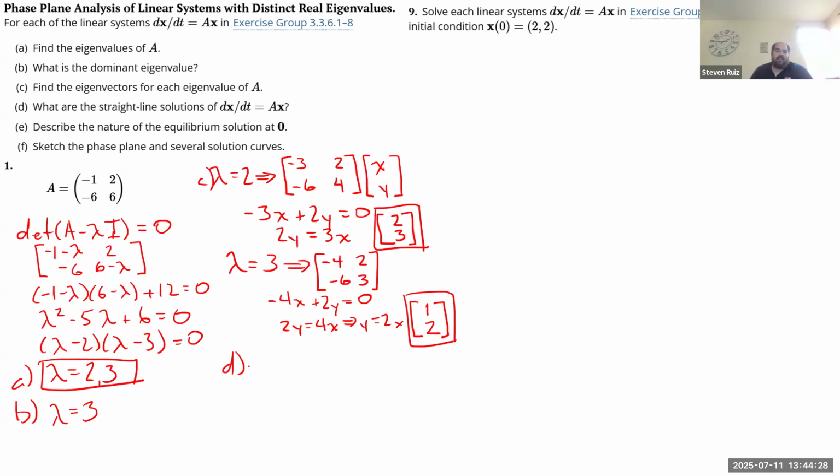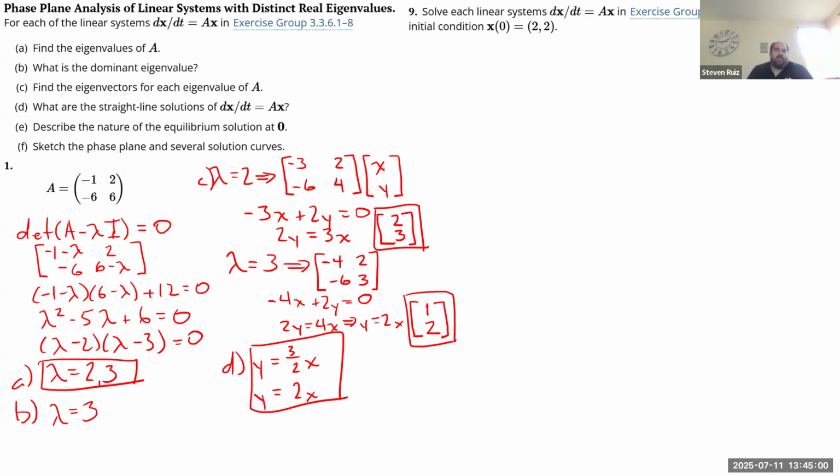I'm going to rewrite them as equations of straight lines. Our first eigenvector we found was this 2, 3. We got that from this equation 2y equals 3x. I'll write that as y equals 3/2 x. So that's one straight line solution. The other straight line solution is going to be y equals 2x. I already had that written in that form. So straight line solutions are very strongly related to and very similar to what your eigenvectors are.